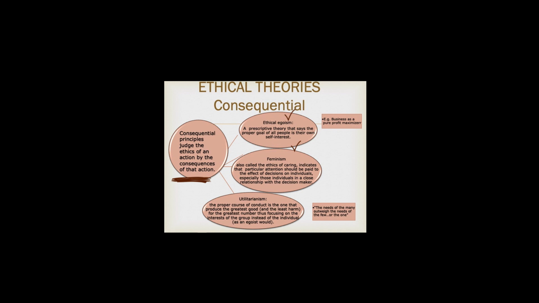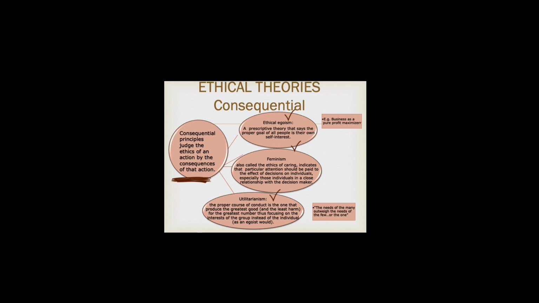Utilitarianism is often the common theory that's presented in business context. So under utilitarianism, whether an action is ethical or not depends on whether that conduct is the one that produces the greatest good or the least net harm for the greatest number.